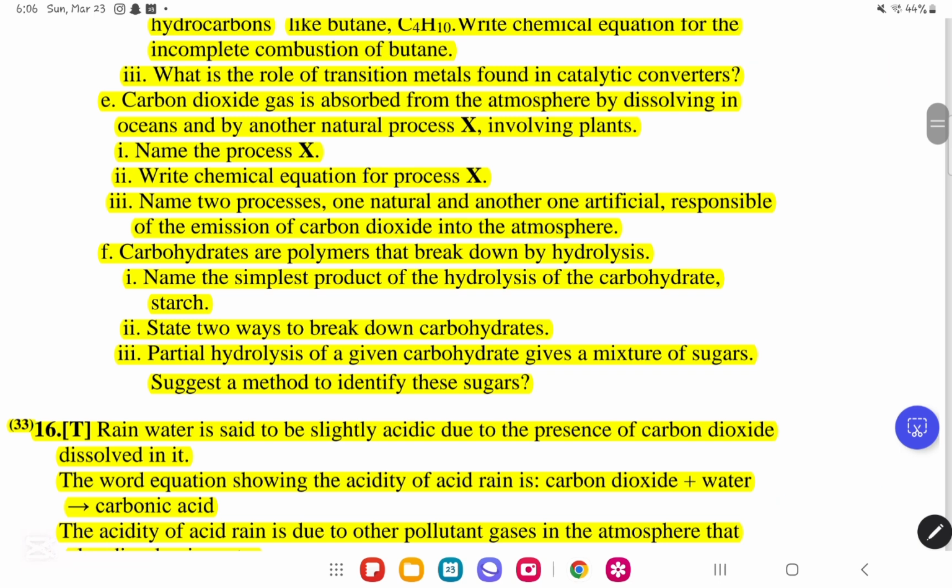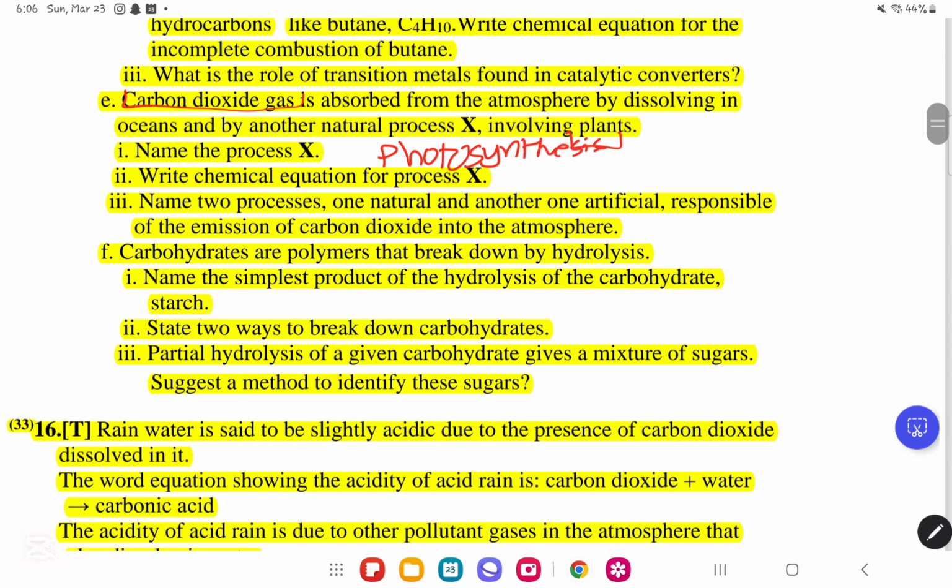Carbon dioxide gas is absorbed from the atmosphere by dissolving in oceans and by another natural process X involving plants. Whenever you see plants and carbon dioxide, directly you should know that this is photosynthesis.